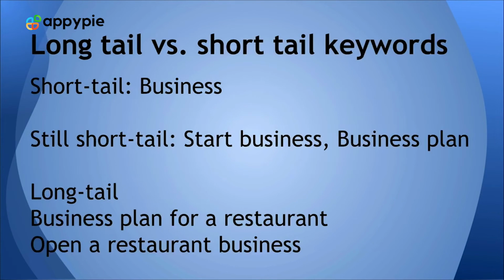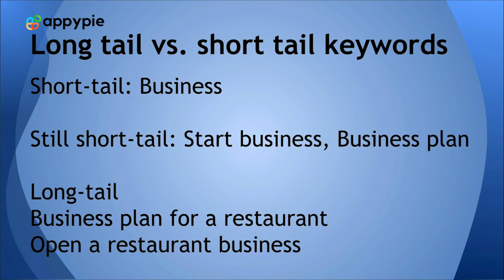Now, I want to give you a little bit of an introduction to the idea of short tail versus long tail keywords. Short tail keywords are the keywords that bring you the most traffic. For example, in the business niche, the number 1 keyword is obviously business. If you rank for the word business, you're golden. You're doing well. But that's where all the competition is. So all the million and billion dollar apps are ranking as well.